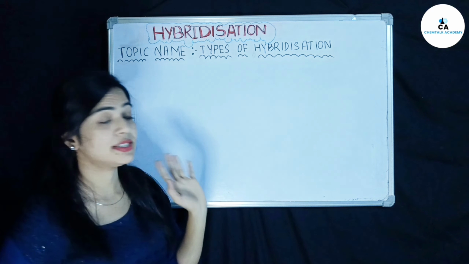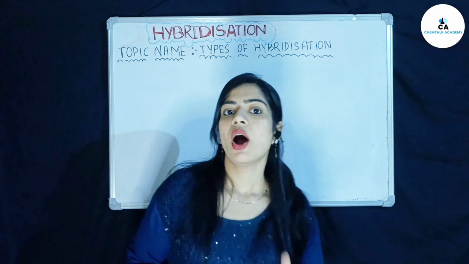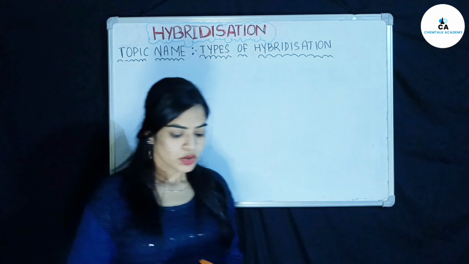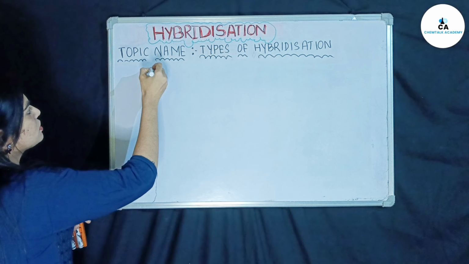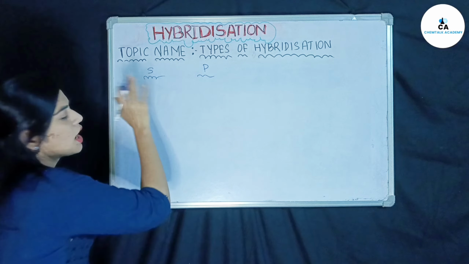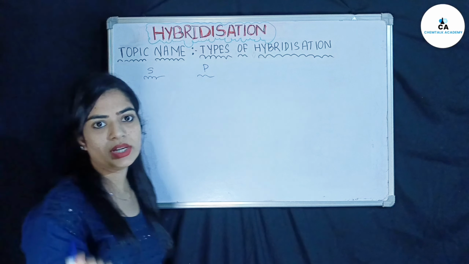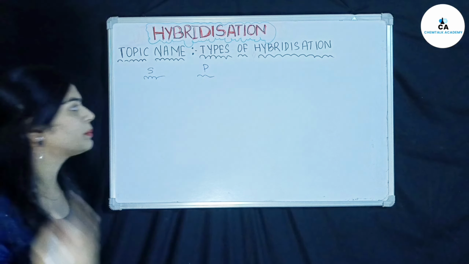Today we are going to focus on the types of hybridization. How many types are there? We will focus on s and p. In s, there is only one orbital, the s subshell.